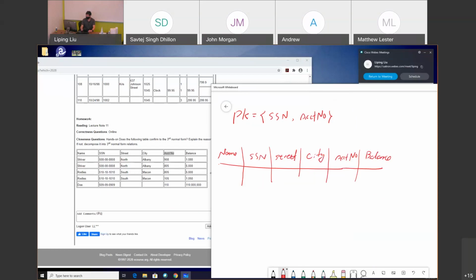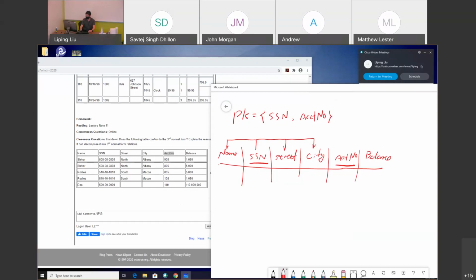We understand that this is going to be one part of the primary key, and this is going to be the second part of the primary key. Then I'm going to say this social security number will determine street, determine city. If you know the social security number, then you should know the customer well, and you should know what the customer name is also.